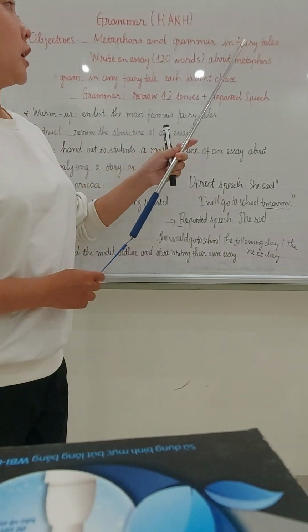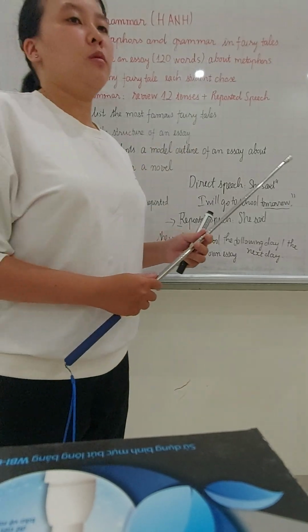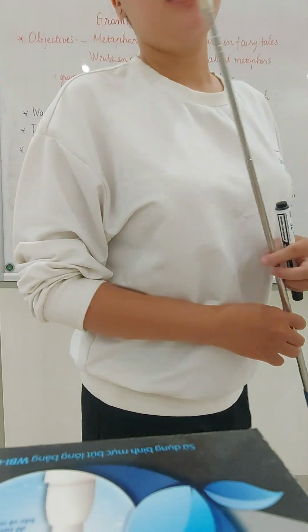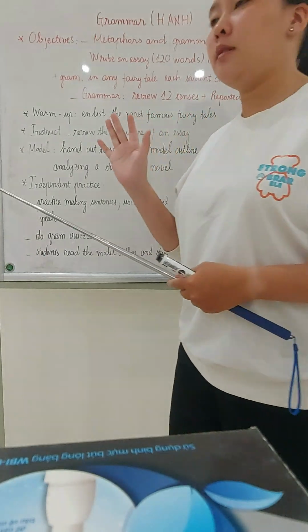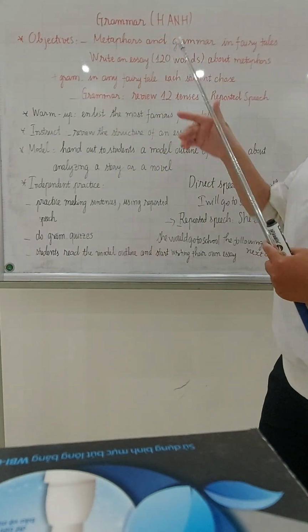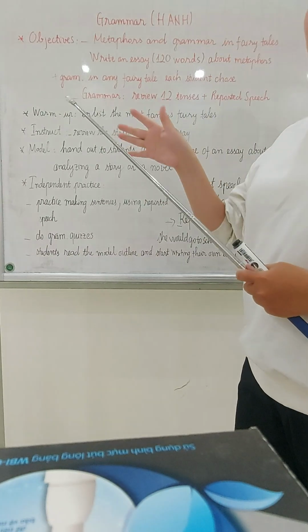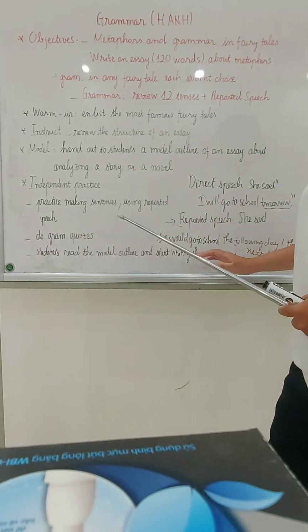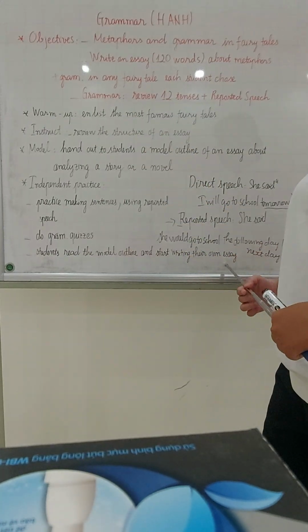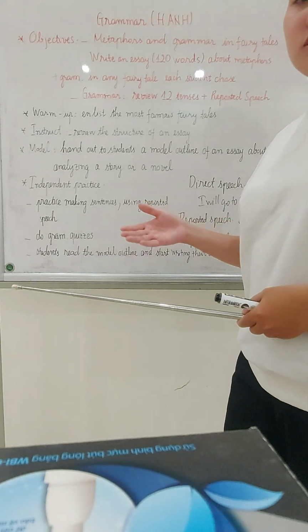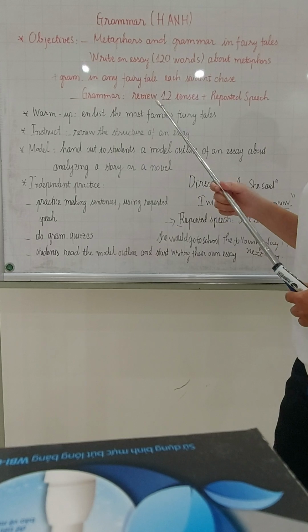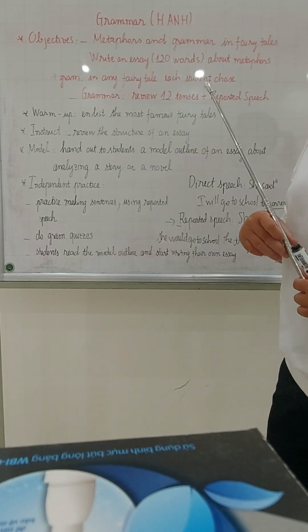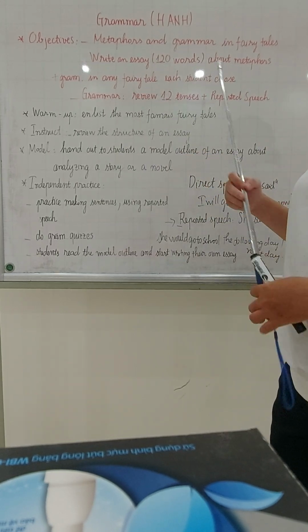So, can you remember what kind of tense is usually used in fairy tales? Normally, present simple or past simple. So when you write your essays, you can focus on these two tenses, which match the request of the title here.